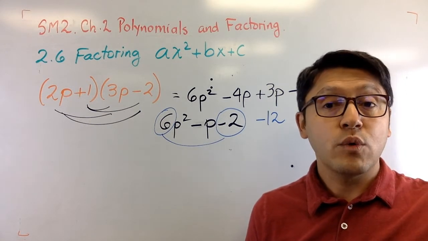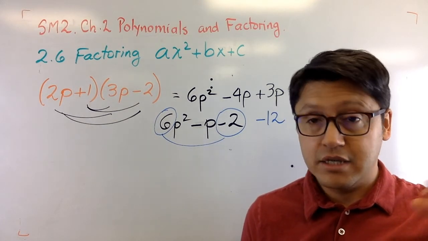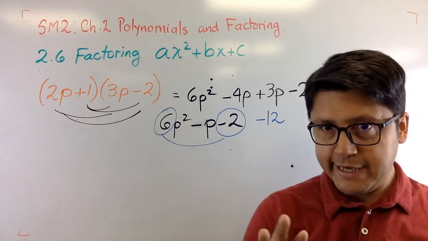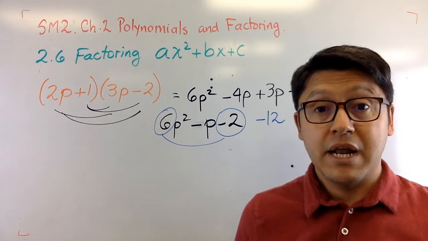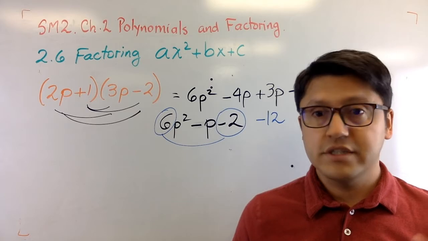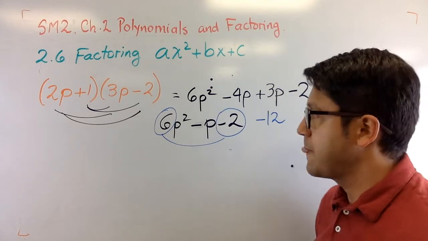So eventually, if I want to fix things, I will have to divide by 6 in order to maintain the same expression. Again, I multiply by 6, so eventually I will have to divide by 6. But I am using this trick because it's going to help me solve this factoring exercise. So how does that work?